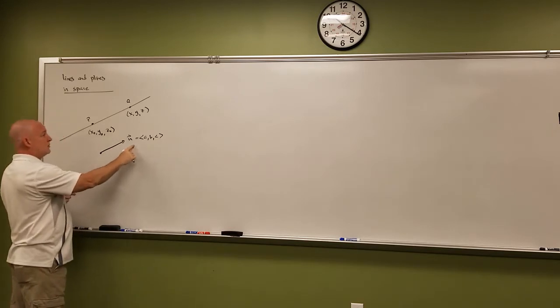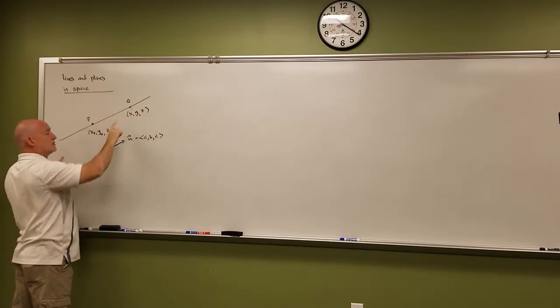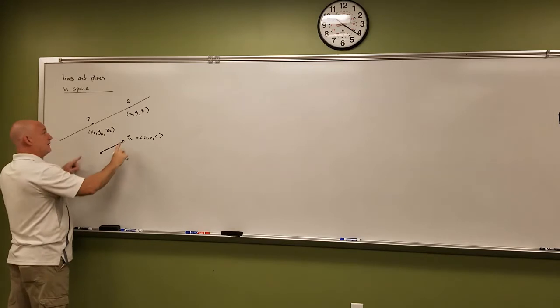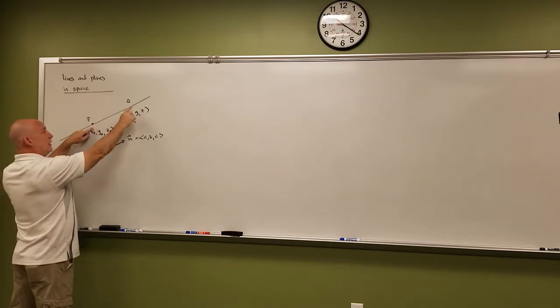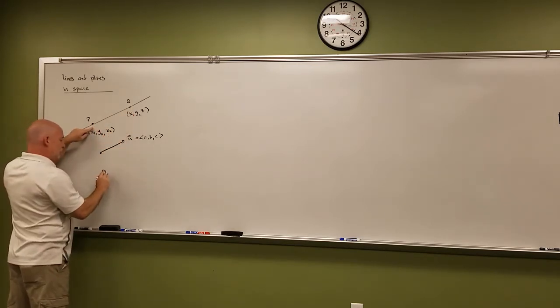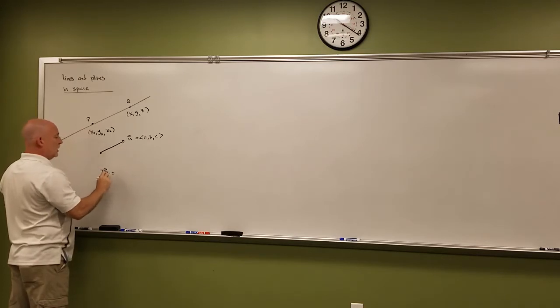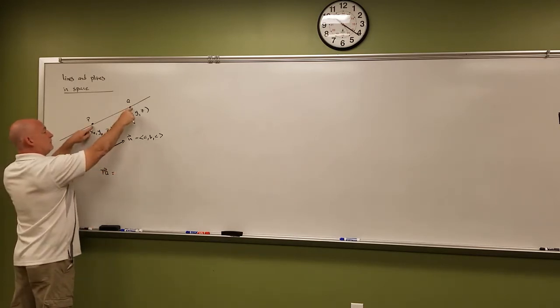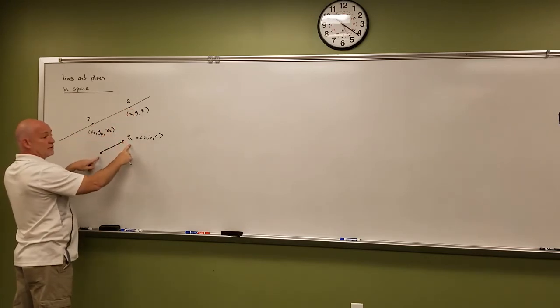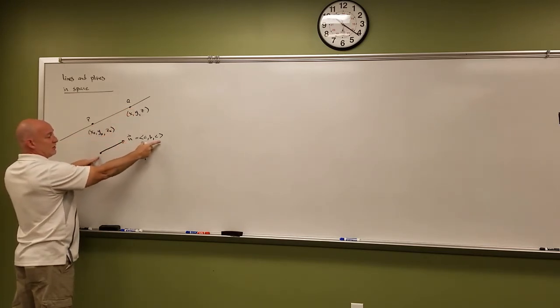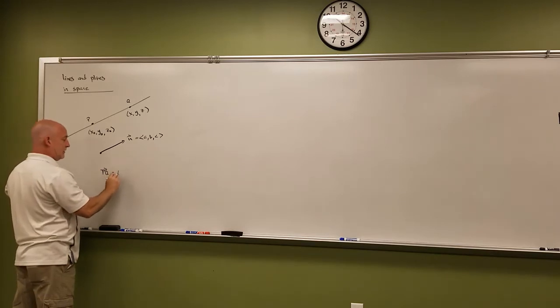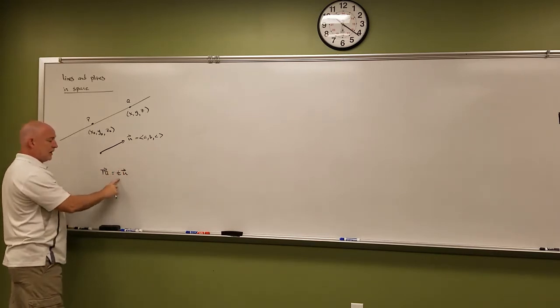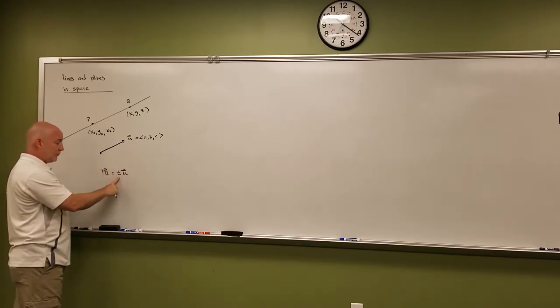If this vector u points in the same direction as this line, then if I make a vector between the point on the line and any other point, then the vector PQ would have to be just a multiple of this, right? Since it points in the same direction, it's just this vector of a different length. That means that would have to be some constant multiple of u.